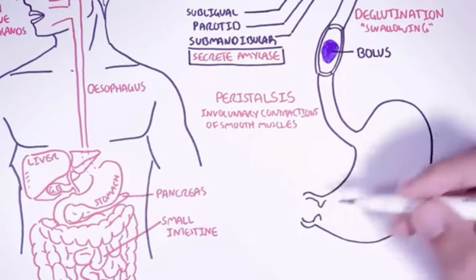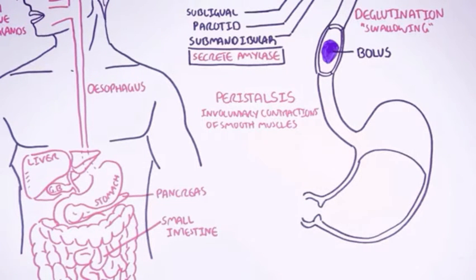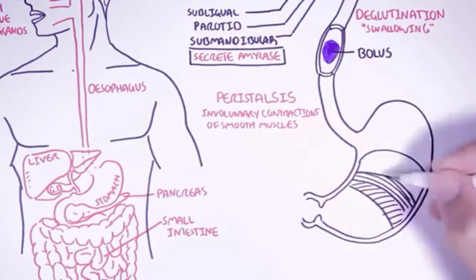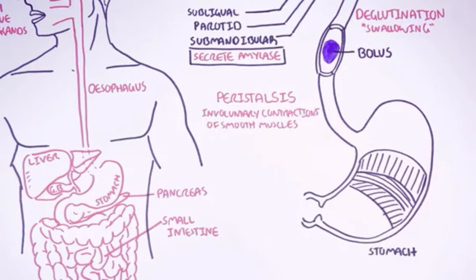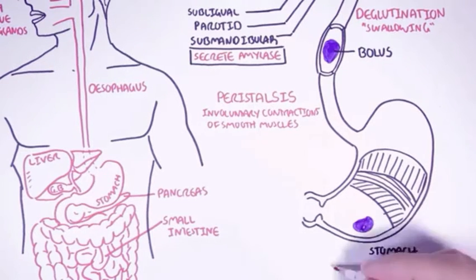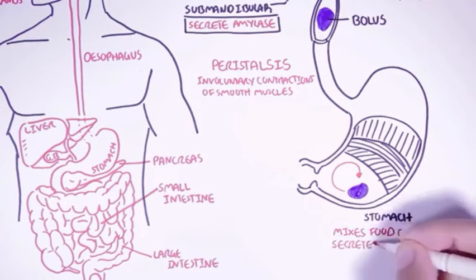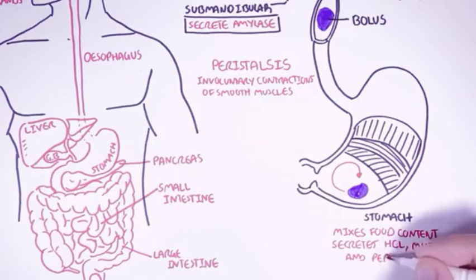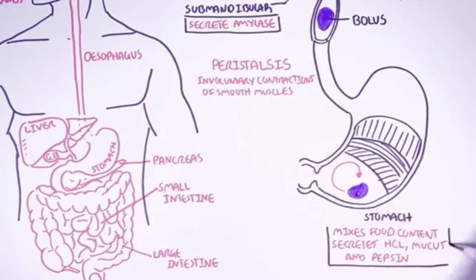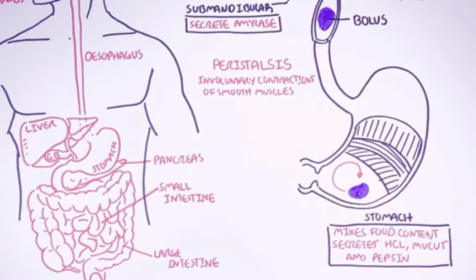And so the bolus will eventually enter the stomach. The stomach will temporarily store and churn the bolus. The stomach is able to churn the bolus because it has 3 layers of muscle. The stomach cells also secrete chemicals and enzymes such as hydrochloric acid that helps break down the food, kill bacteria, and stimulate enzyme secretions.